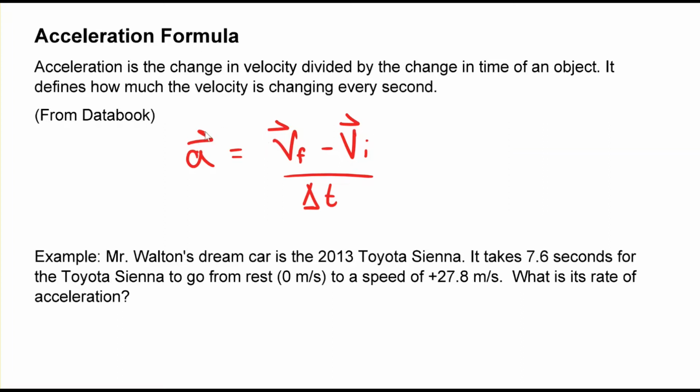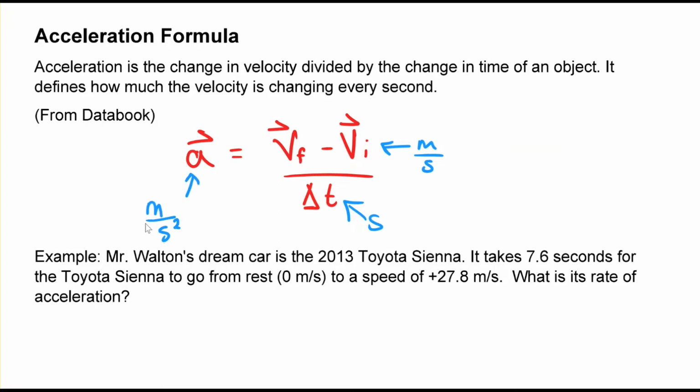Remember that arrow just means it's a vector instead of being a scalar. So if you look at the units, acceleration is measured in meters per second squared, whereas velocities are measured in meters per second, and time is measured in seconds. And so this is important.